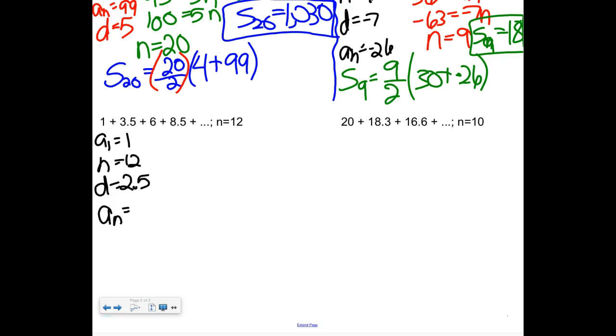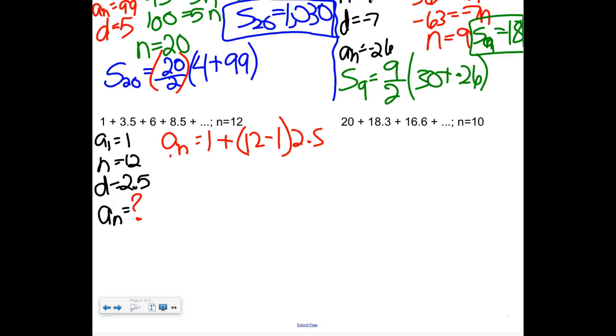So we are going to use our equation to find it. Okay, so I'm going to say An equals, that's what we're trying to find. And now we're going to plug it into our arithmetic explicit formula. So I'm going to say 1 plus, I gave you guys your n, so I have 12 minus 1, and we know the pattern is 2.5. Now, if we look inside here, there's no letters to solve for because we are solving for our An right here.